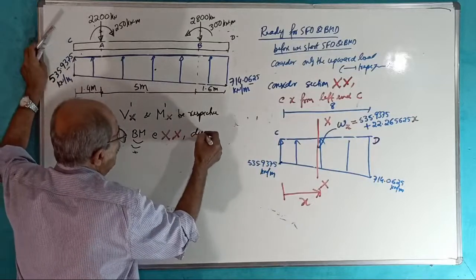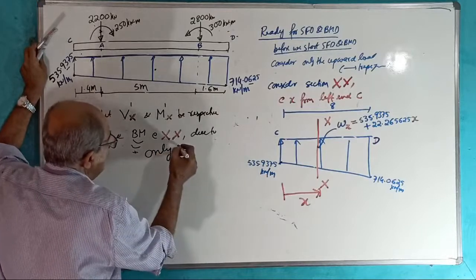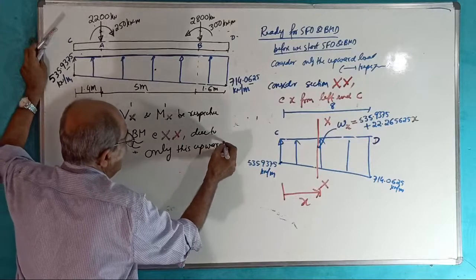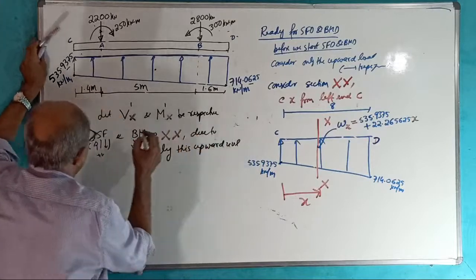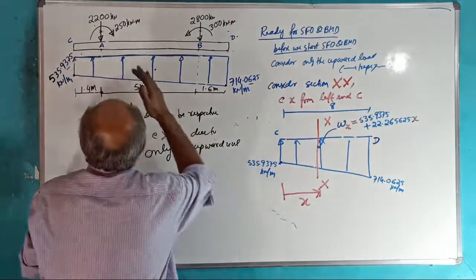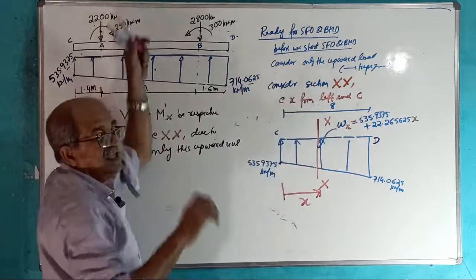Due to only the UVL, only this upward UVL. It is not the real. That's why I put a dash. See, later when you want SFD and BMD, you don't have to struggle. You make an answer ready.